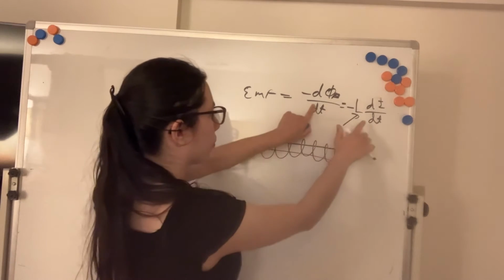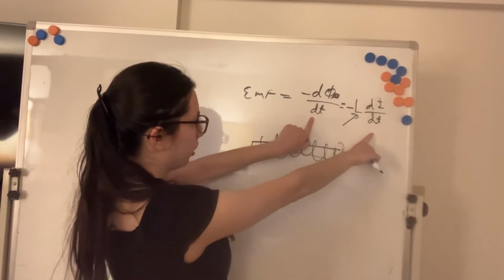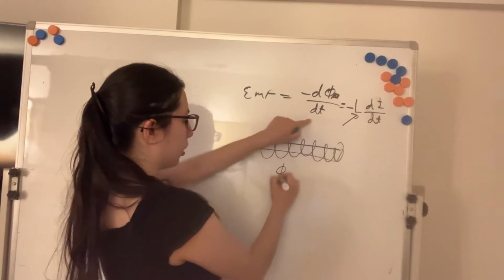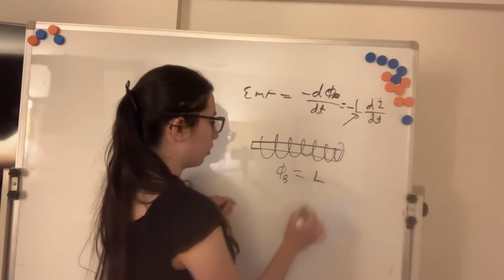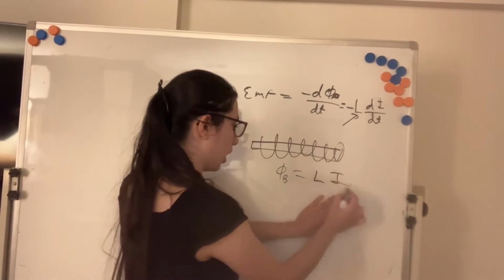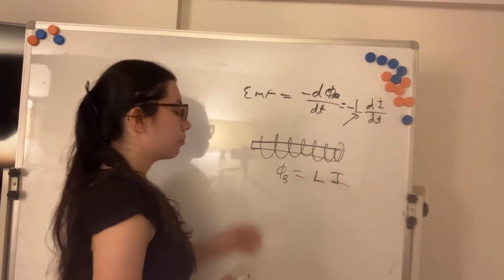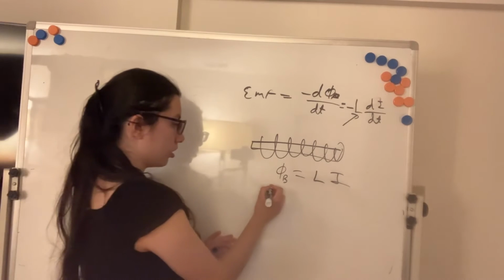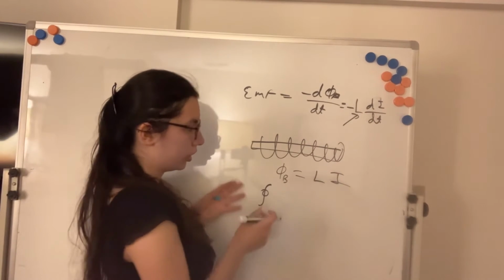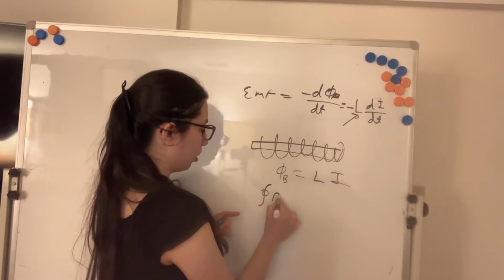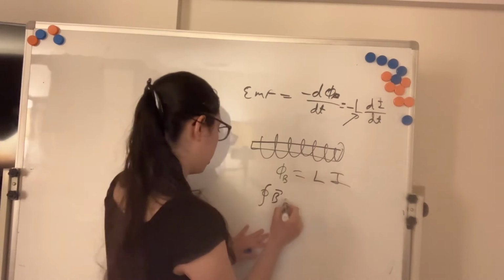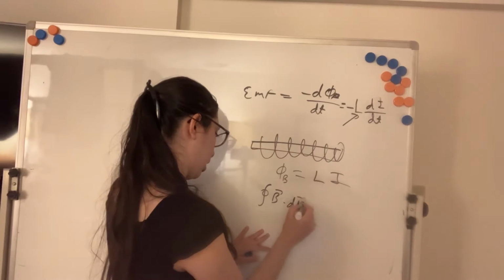We know that because here we have both the time derivatives, we now can say that the magnetic flux is equal to the self-inductance times the current. Now the magnetic flux is, remember, the closed loop integral of a surface of the magnetic field dot dA.